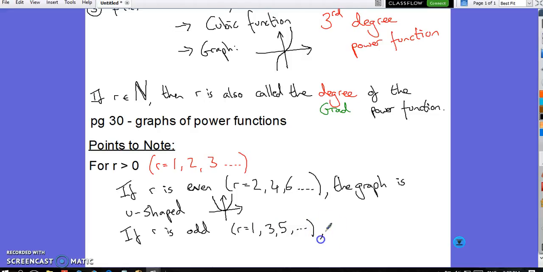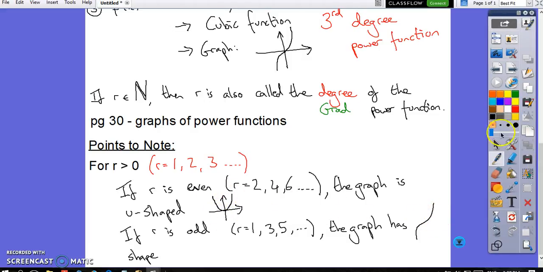So if r is odd, the graph has this kind of shape. Apart from, of course, 1 where it's linear, but then it still increases all the time, just like the other odd powers do. And so these two shapes here are two different types of parabolas. So far we've only been referring to this shape as a parabola, but this one is an odd parabola. So this is an even parabola, and this is an odd parabola.